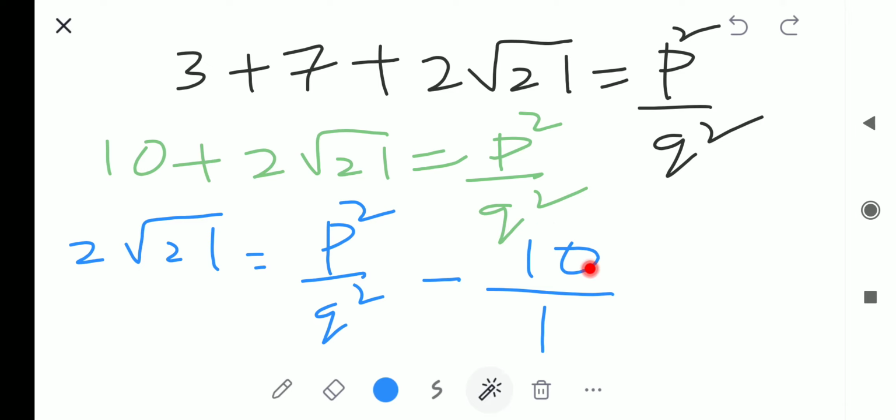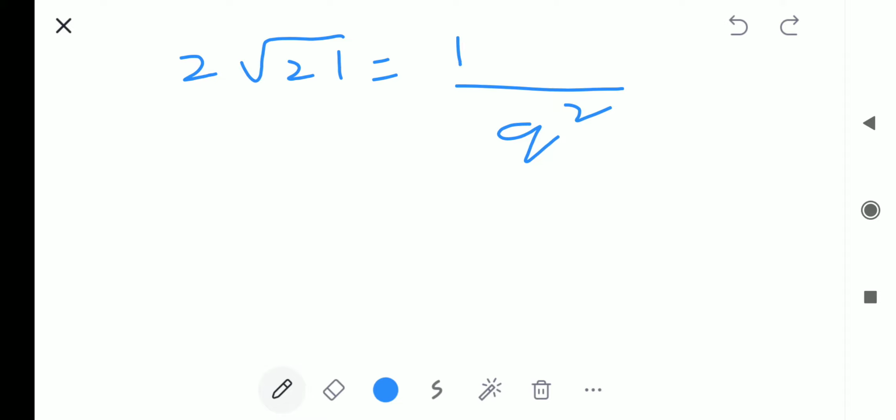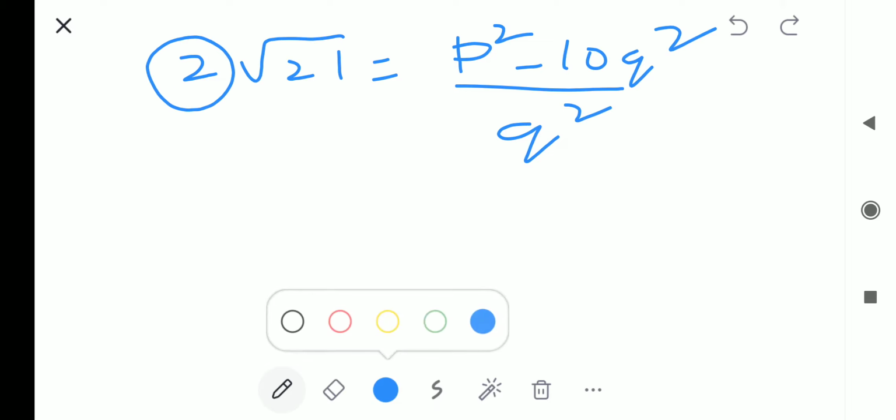Between them I have minus sign. So I should take LCM. So the LCM for q square and 1 will be q square. So I can write 2 root 21 is equal to LCM is q square, p square minus 10q square by q square, from which 2 I want to transpose to right side.